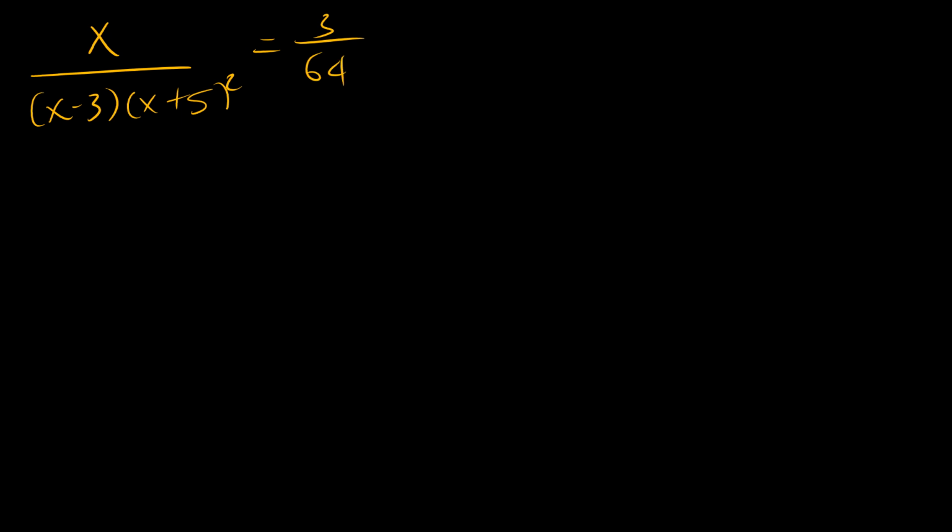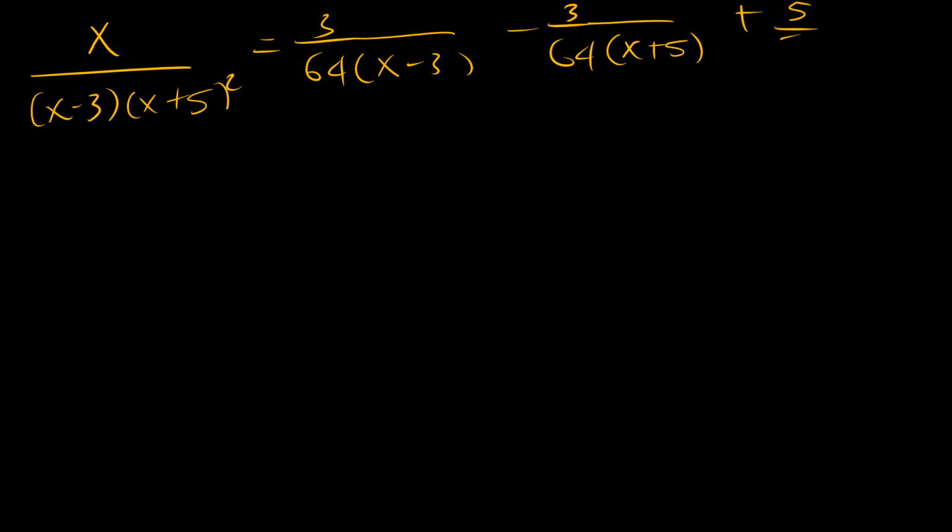So our fraction x over (x minus 3)(x plus 5) squared is the same as 3 over 64 times 1 over x minus 3, minus 3 over 64 times 1 over x plus 5, plus 5 over 8 times 1 over (x plus 5) squared.